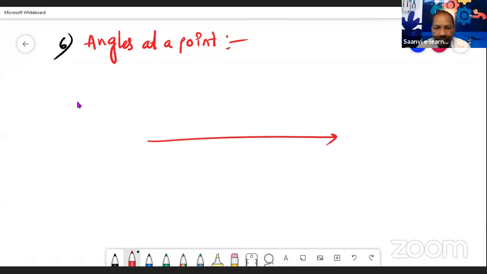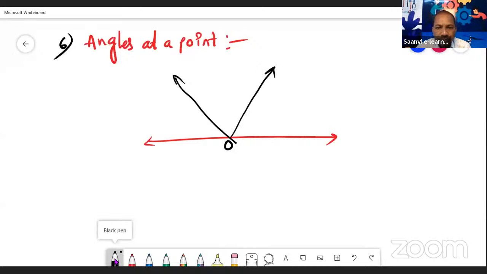Suppose, see here. This is the line AB. This is the ray OC. This is the ray OD. And suppose here one more ray we have drawn. Suppose this ray name is OE.